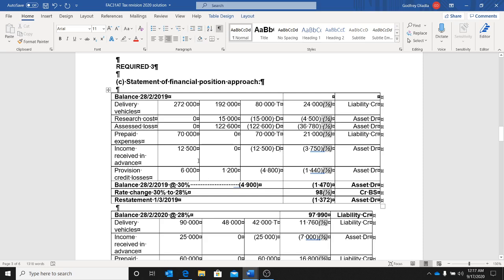Then I move on. Then I get to provisions. A provision is what we call a contra asset account, meaning if an asset is a debit, the provision is a credit, right? So automatically, if it's a credit, it behaves like a liability. So these two, I'm expecting them to behave the same.